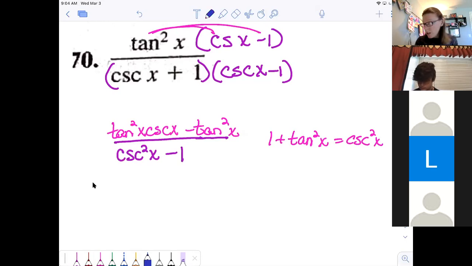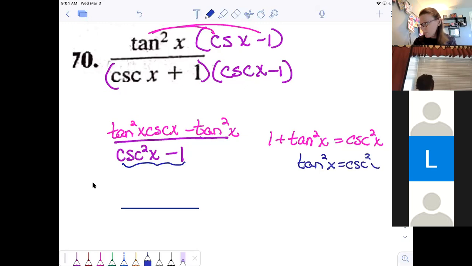So Jack said to use the conjugate. And again, the whole goal of using the conjugate is so that you can then replace that part where you use the conjugate. So in this case, we have cosecant squared minus 1. And that cosecant squared minus 1 is really the tangent squared. So now our denominator becomes, not the tangent squared, I'm sorry, the cotangent squared.